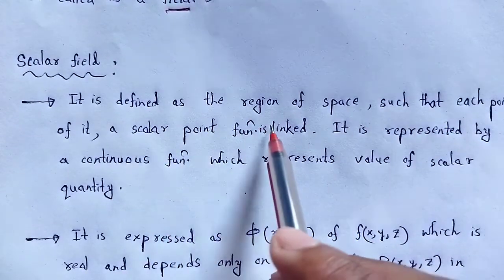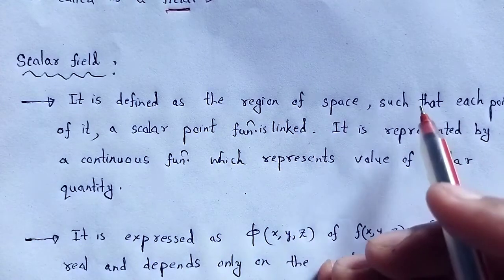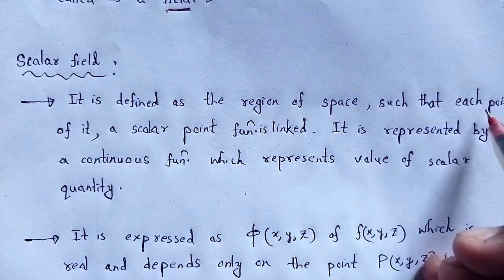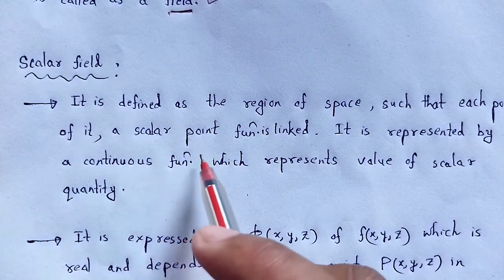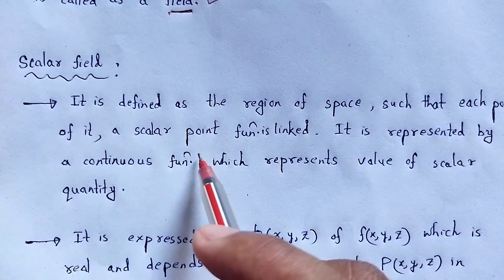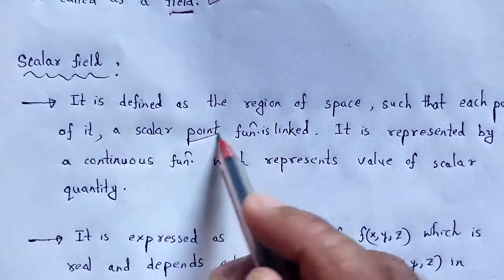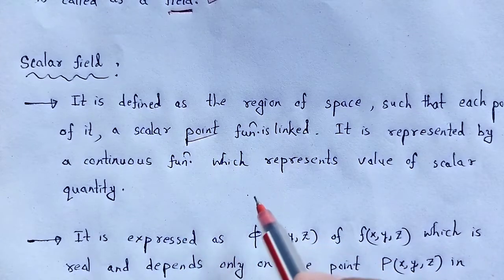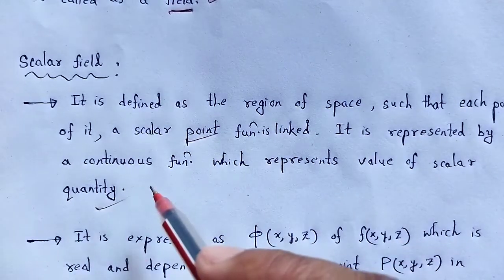It is defined as a region of space such that each point of that region is linked with a scalar point function, and it is represented by a continuous function which represents the value of the scalar quantity.